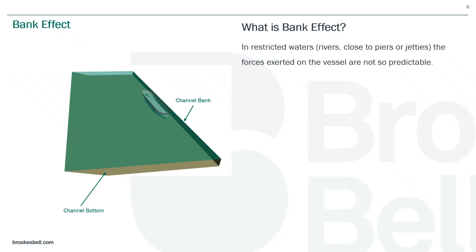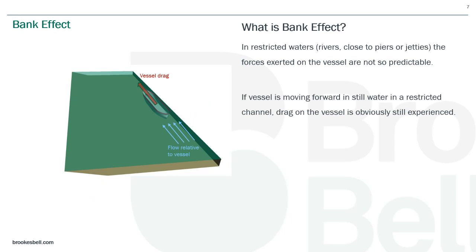The problem arises in bank effect when you operate not in open water conditions, but in a restricted channel condition, where you have a channel bank or a channel bottom that is quite close to your vessel. In these situations, the forces exerted on the vessel become a lot less predictable. Moving forward, as in an open situation, in a channel bank you'll still have vessel drag, which you still need to counter with propulsion.